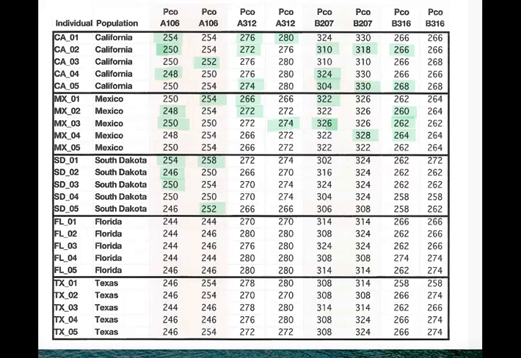Again, 254, 246, 250, 258, and 252. Going to gene 312, we have 266, 270, 272, 274, and that's it.